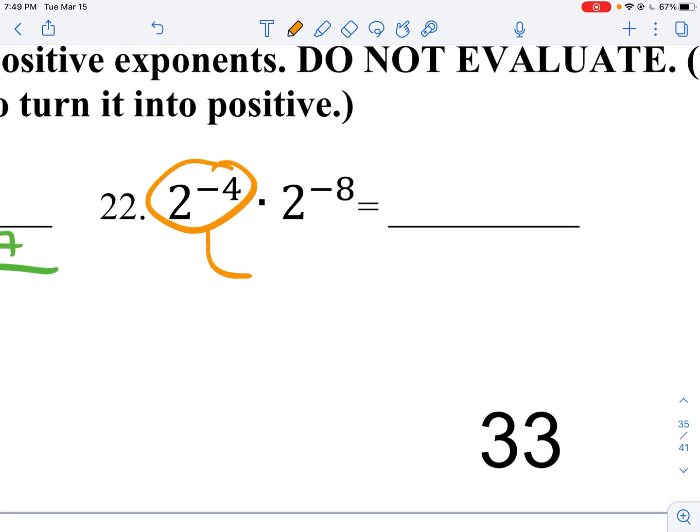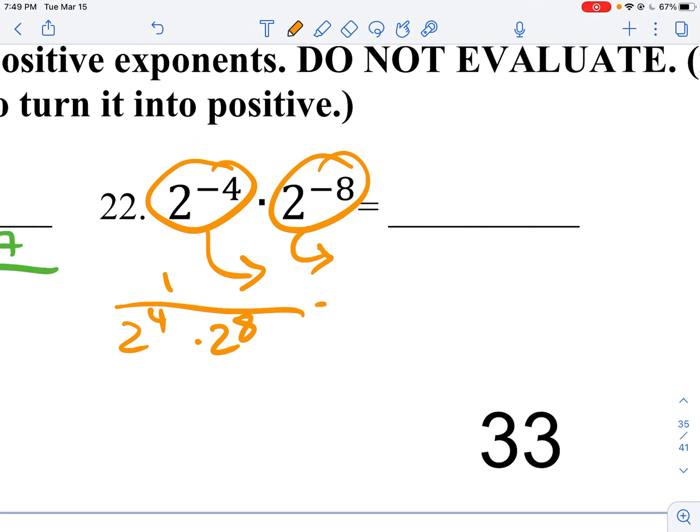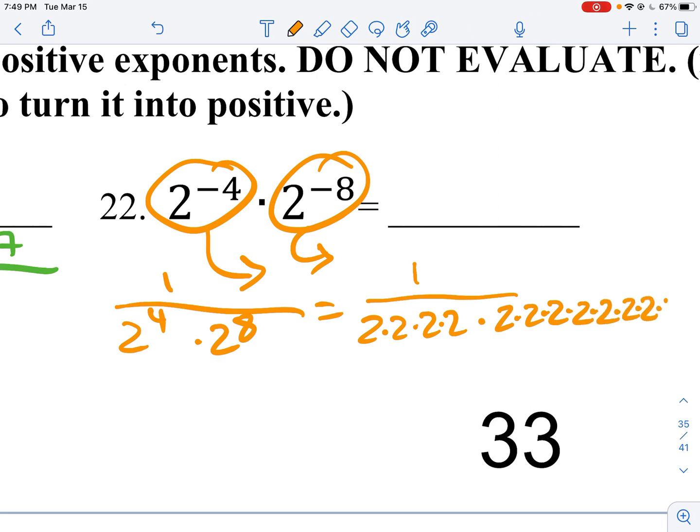This one, move me to the denominator, move me to the denominator. So now I have 2 to the 4th and 2 to the 8th in the denominator. So that's 1 over 2 times 2 times 2 times 2. Then I have 2 times 2, 3, 4, 5, 6, 7, 8.